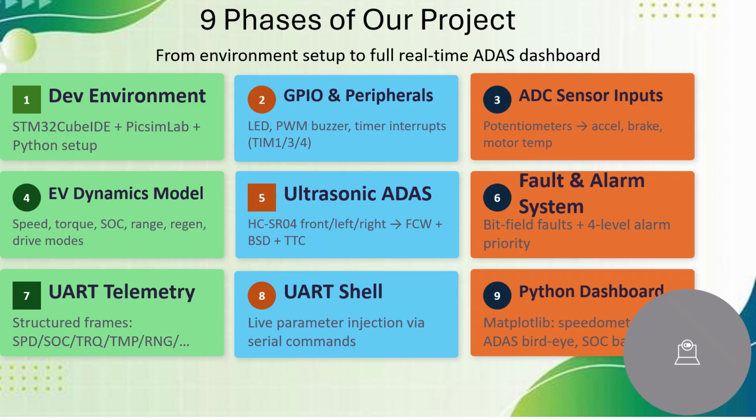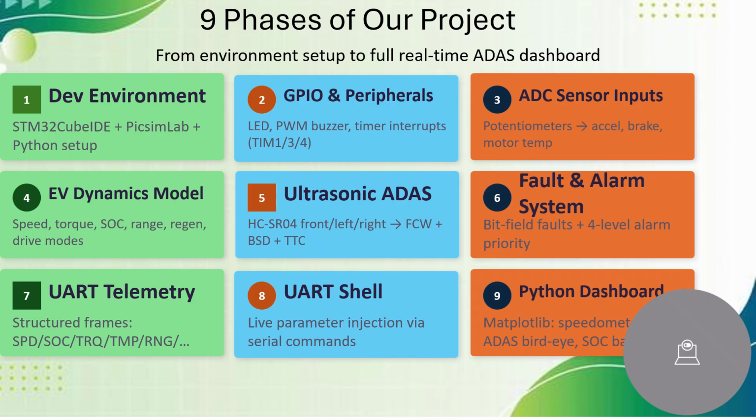And after that, in our 8th phase, UART cell, that is the live parameter injection via the serial command. It means that what we implemented before in the Proteus Lab, we integrate all the things and take the live parameter injection via the serial command.